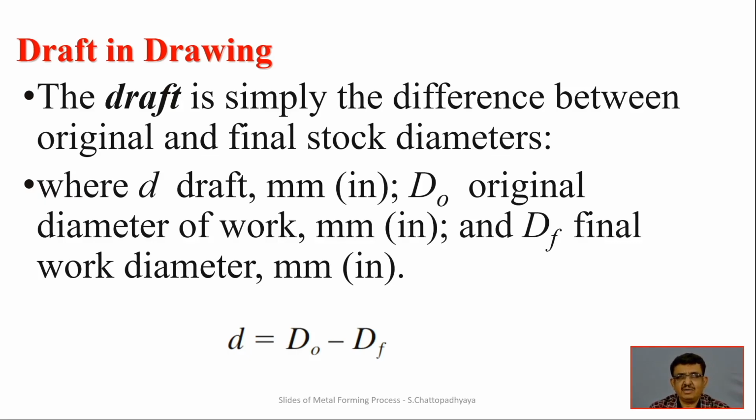The original diameter will be greater than the final one, and the draft will be in millimeter, represented by the straightforward equation d equals D0 minus Df, original minus final. That difference in millimeter is represented by the small letter d, and that is called the draft.